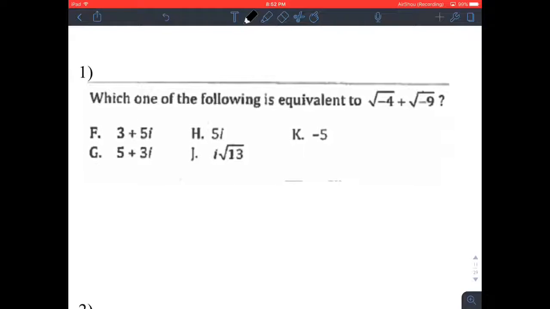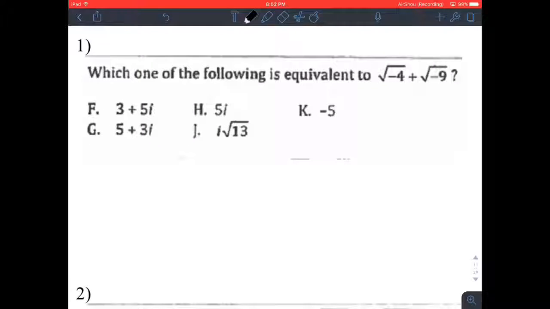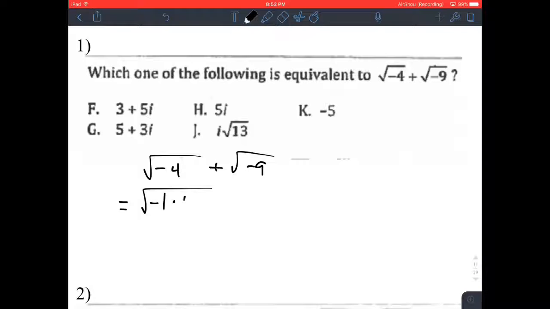Which one of the following is equivalent to square root of negative 4 plus square root of negative 9? So let me show you. I'm going to write it down here to get more room. Well, negative 4 is equivalent to negative 1 times 4. Negative 9 is equivalent to negative 1 times 9.